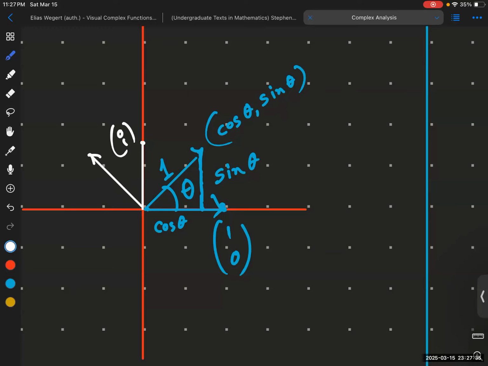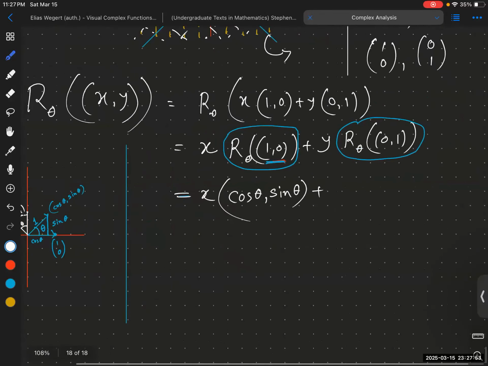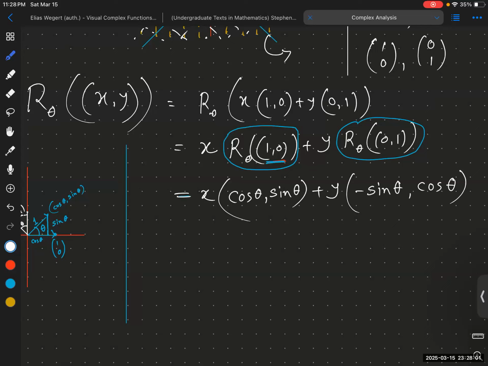Taking a perpendicular line, and after some simplification, we get from here y times (minus sine theta, cos theta).